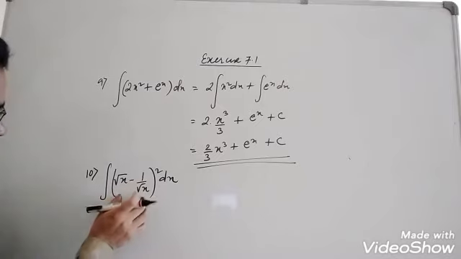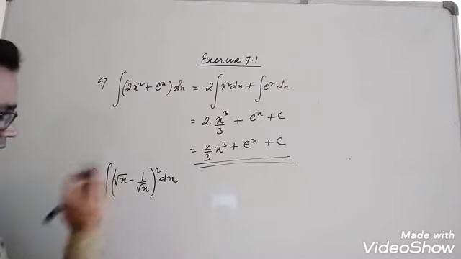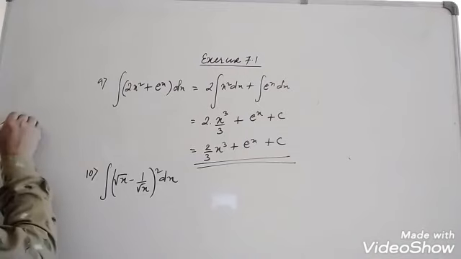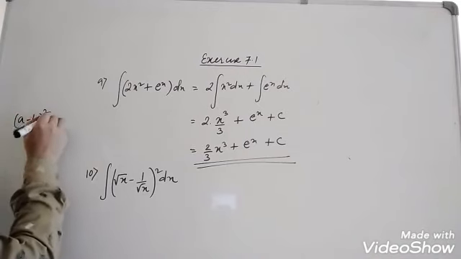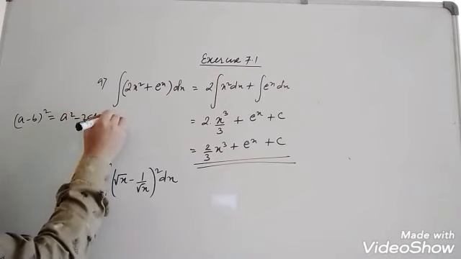So look here, this is in the form of a minus b whole square. So what is the formula of a minus b whole square? It is a square minus 2ab plus b square.